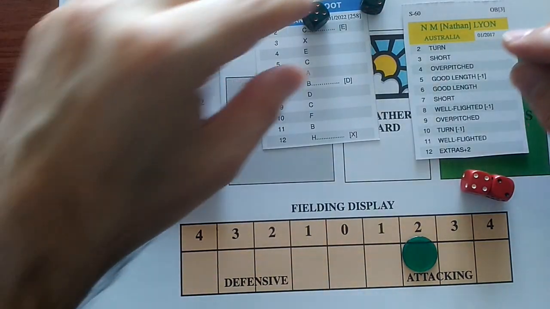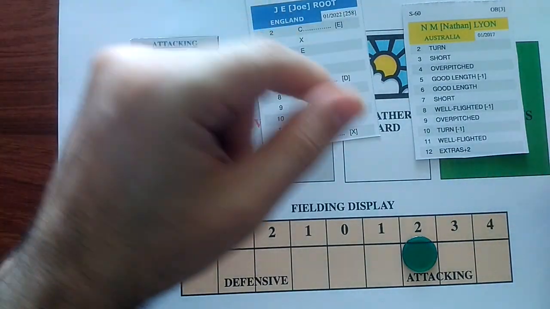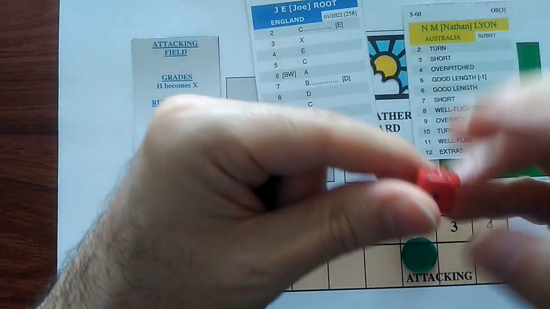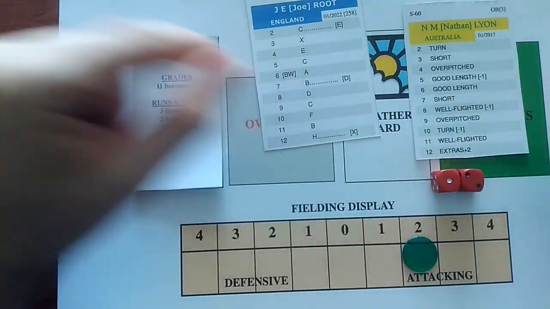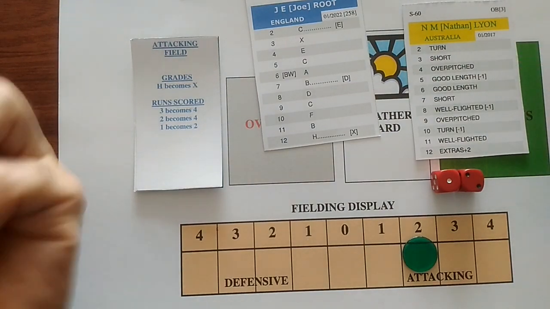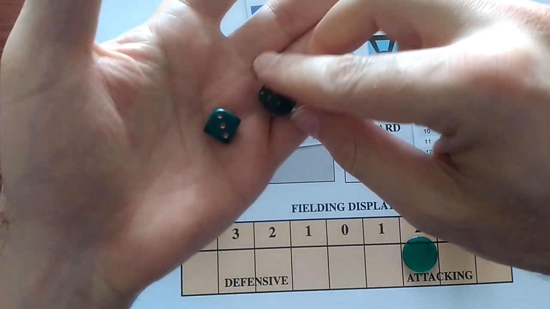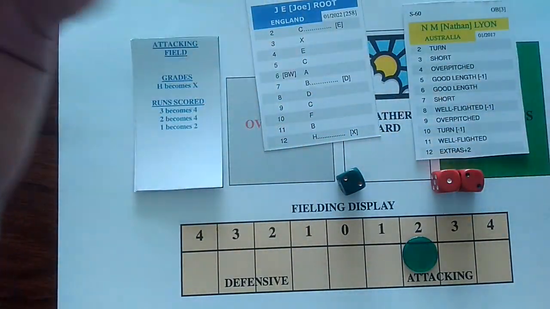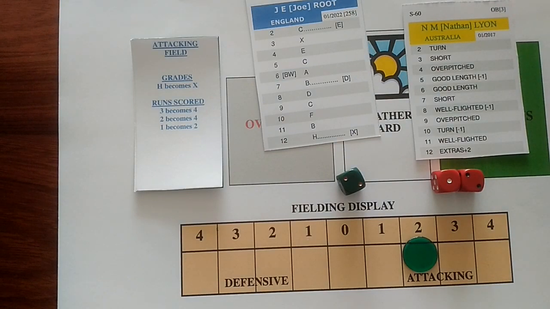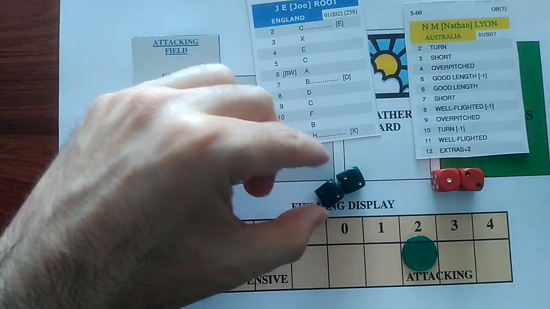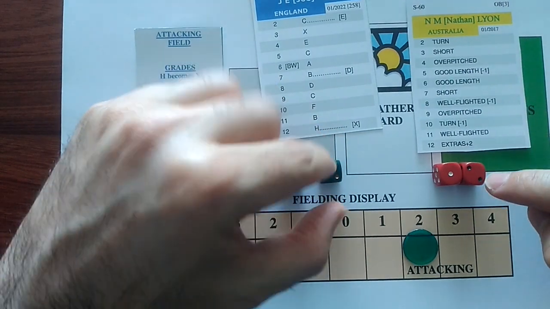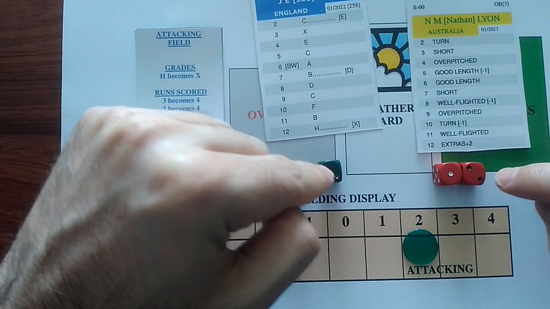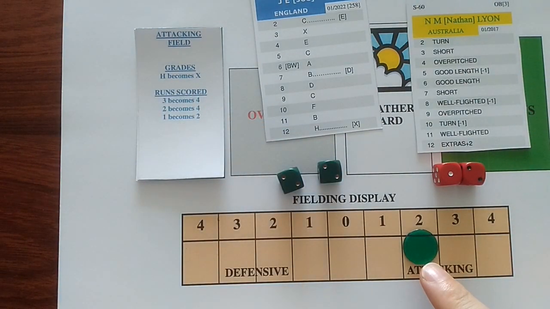But say, for instance, we roll a short ball. Nathan Lyon bowls a short ball, okay? And then we roll over here and we got a 2. So in this case we got 2 2s at least. We got 3 actually, but we got 2 2s at least, right? So we know that the fielding setting 2 is going to come into play.